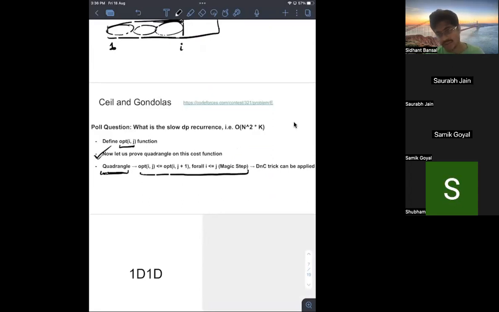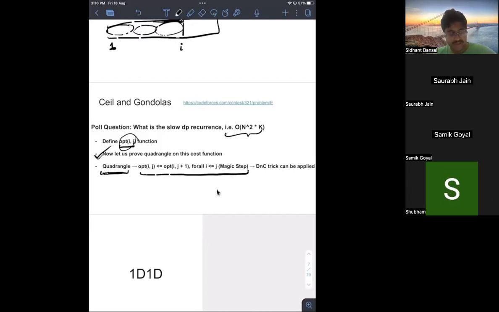Now we'll discuss what the slow solution for this DP is. In all these DP optimizations, obviously the first step is just to come up with the slow solution. The following step is maybe to try to prove the quadrangle inequality. So I'll define this opt function also following this, and then we'll see how the magic of divide and conquer works. But first we have this poll question: what is the slow solution for this DP, which is n squared k?